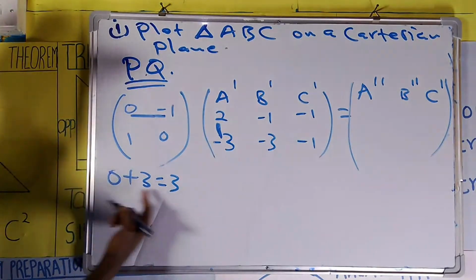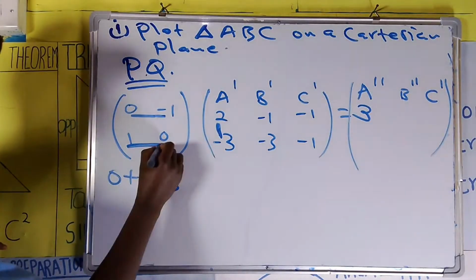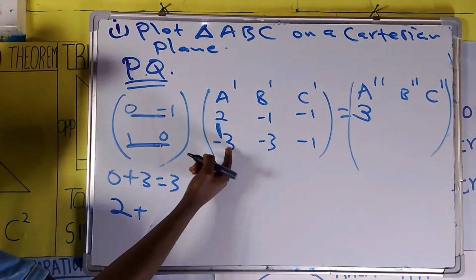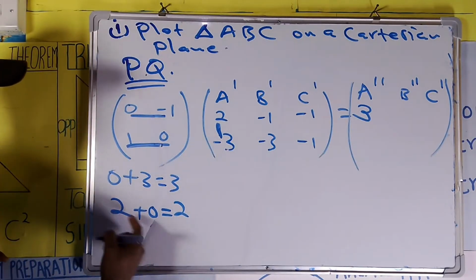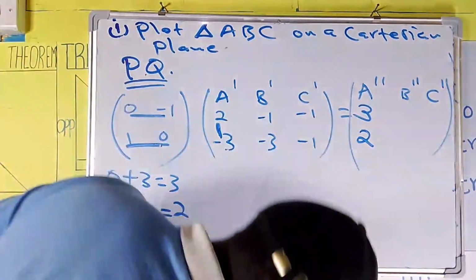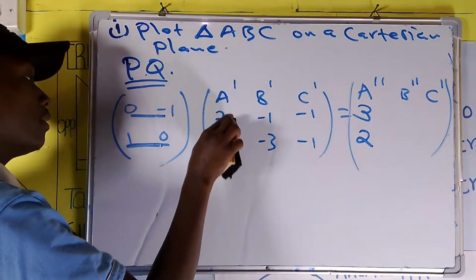So 0 plus 3 is 3. Then we take the second row and the first column. 1 times 2 is 2, plus 0 times -3 is 0. So 2 plus 0 is 2. Then we proceed to the next one.